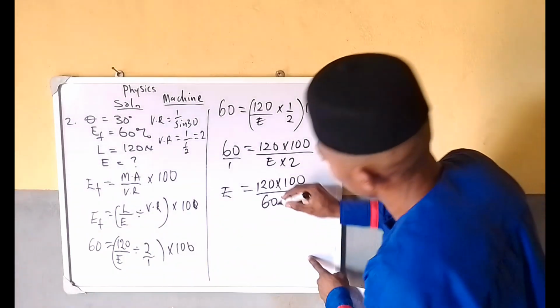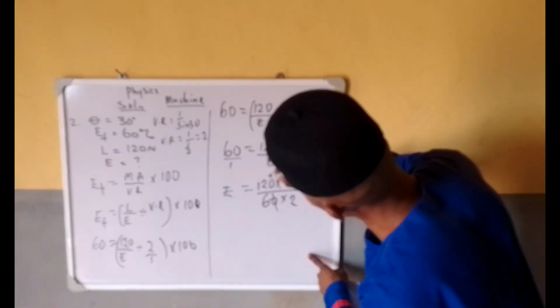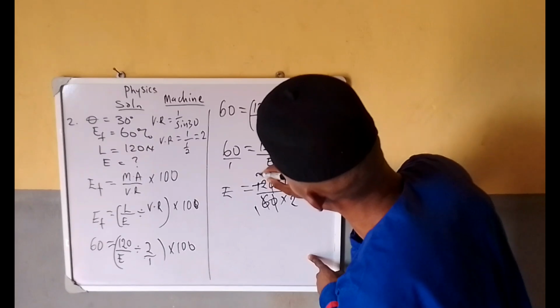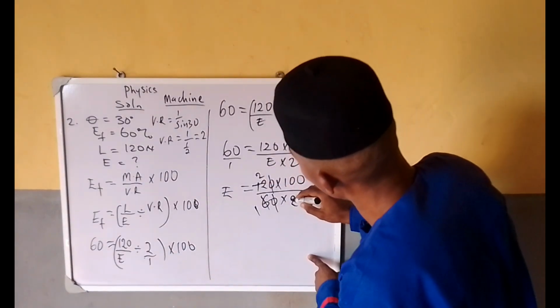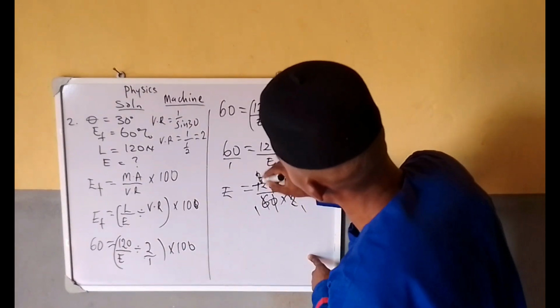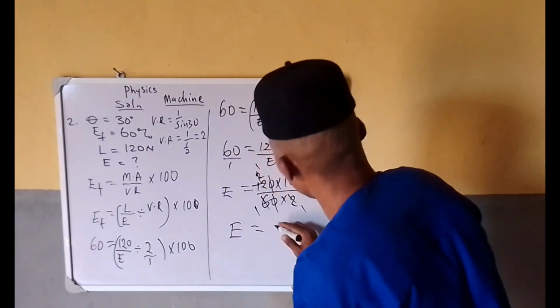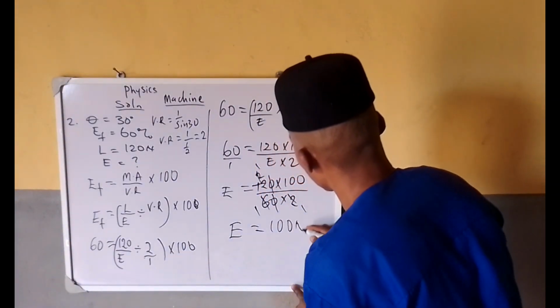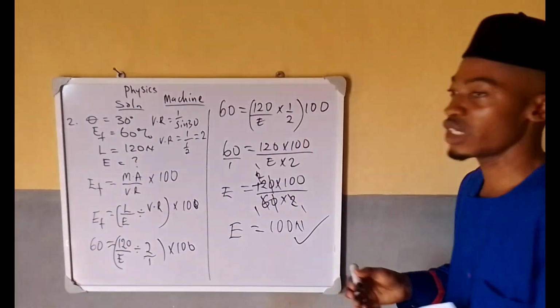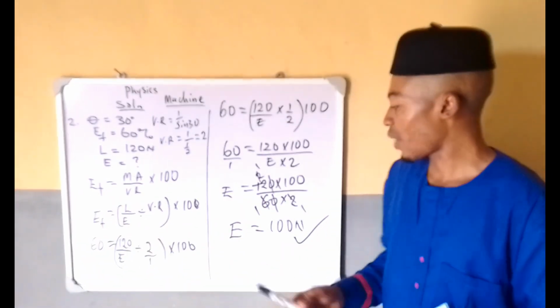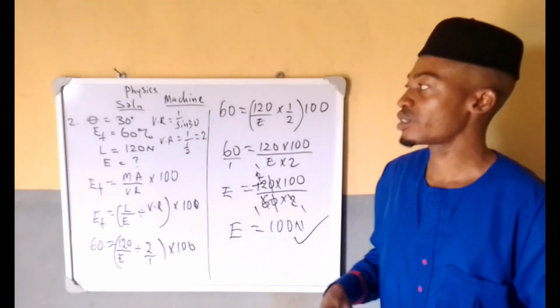The 0 cancels this 0, 6 going into 12 is 2, then the 2 cancels the other 2. So we are left with E equal to 100. So 100 Newton is the required effort.